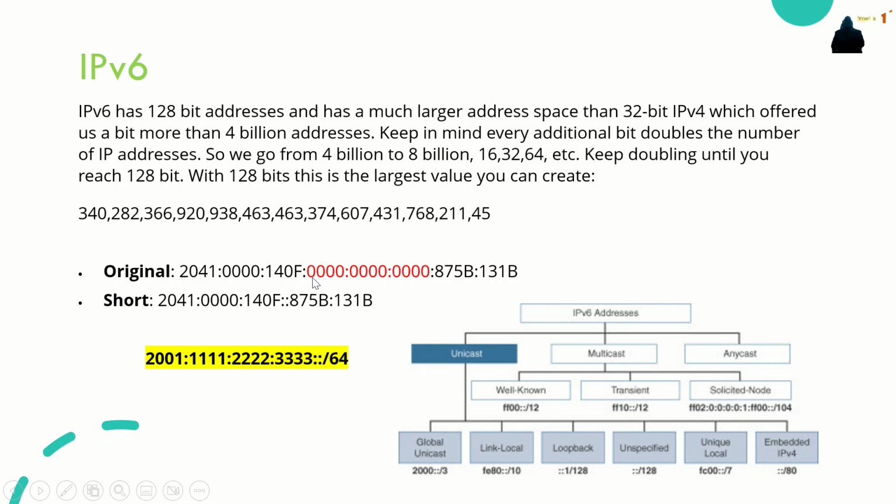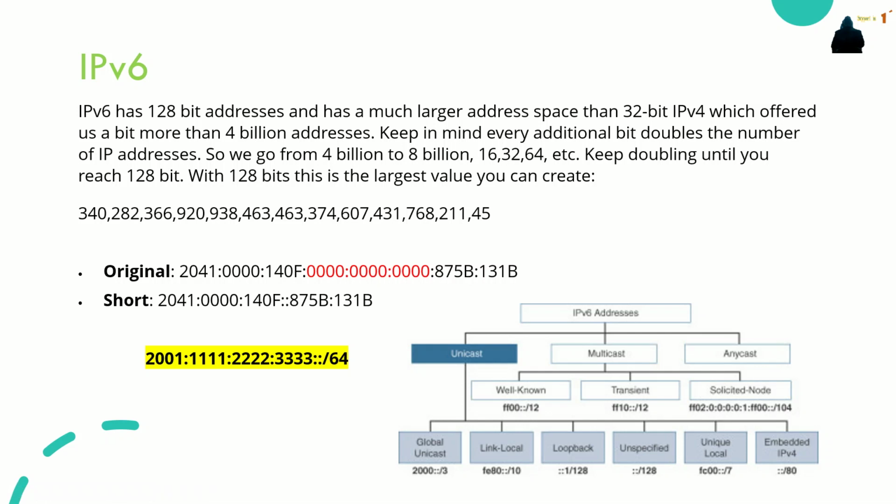Instead of 0000 0000, you should write only a colon. You can see between two colons there is nothing, and it means zero, and the rest of them too.